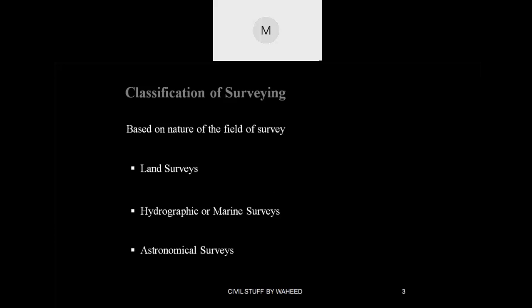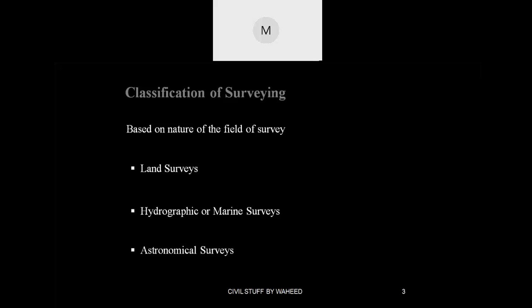And suppose if any civil engineering construction is going to be held, in those situations also you are going to measure the area. So those come under land surveys. Next, hydrographic. Hydro means water.